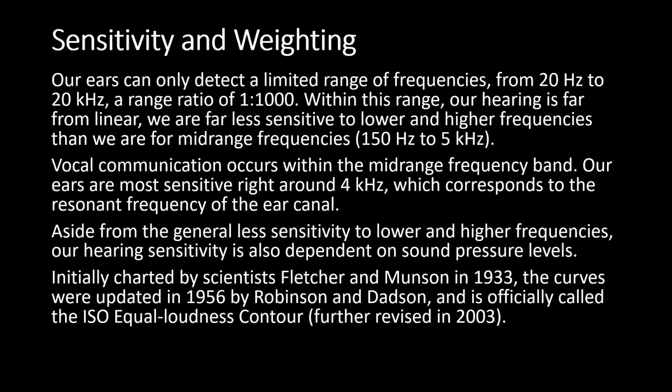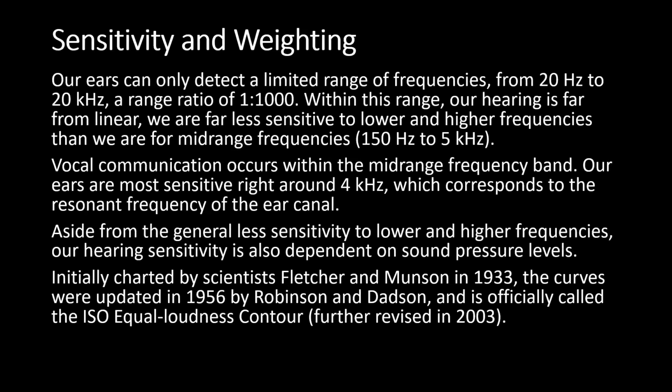So aside from the general lower sensitivity to lower and higher frequencies, our hearing sensitivity is also dependent on the sound pressure levels. The louder a sound is, the less sensitive we are to differences in the levels of the frequencies.